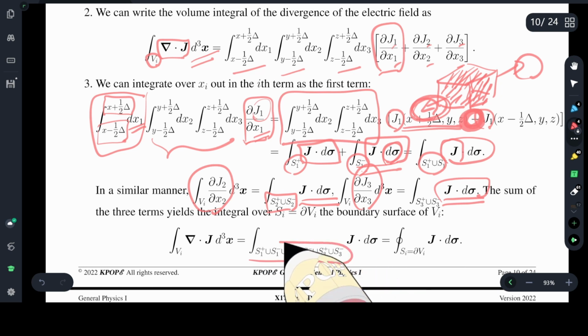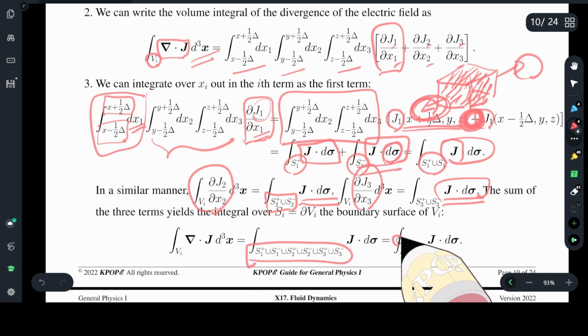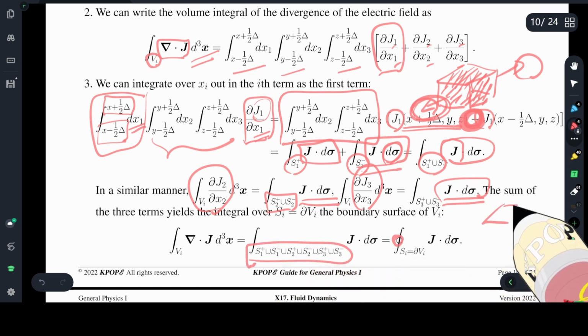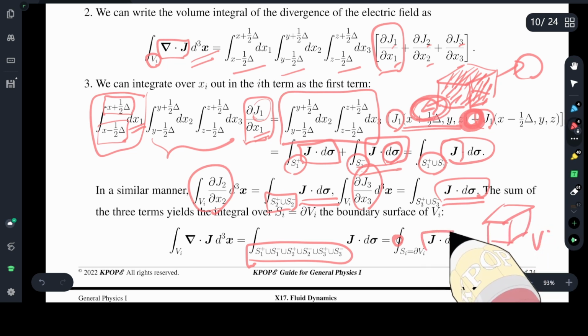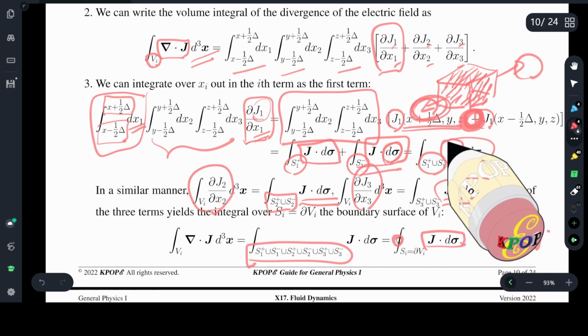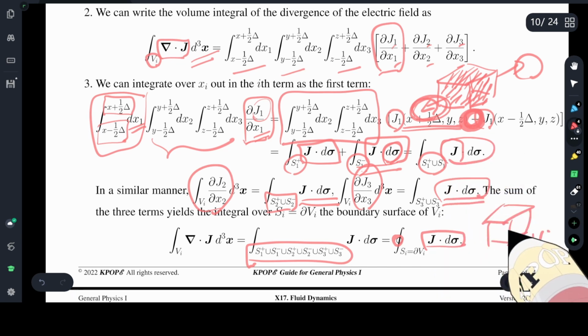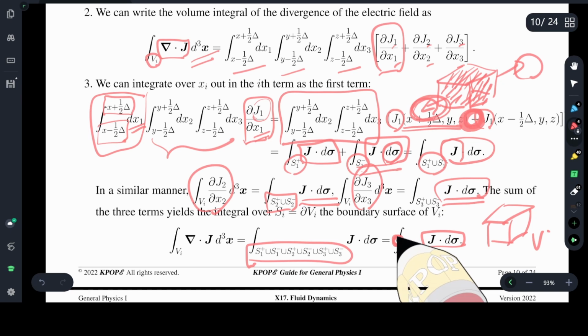If I sum everything all together, it is just a closed surface of the cube, and the integrand is J dot d sigma. And now it is a closed surface, so I put the circle on it.